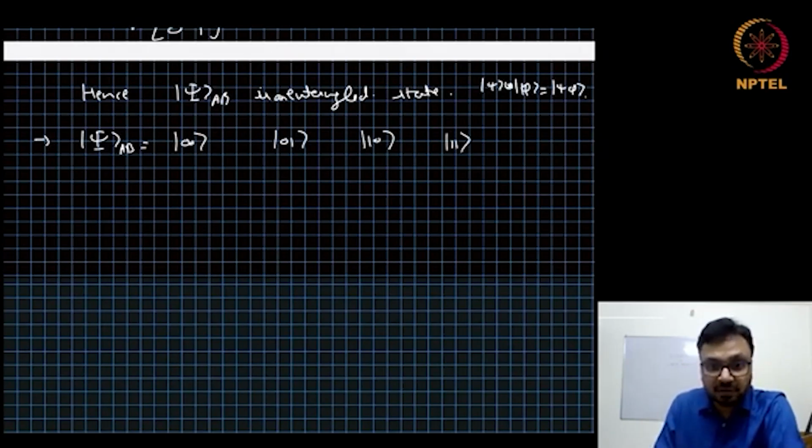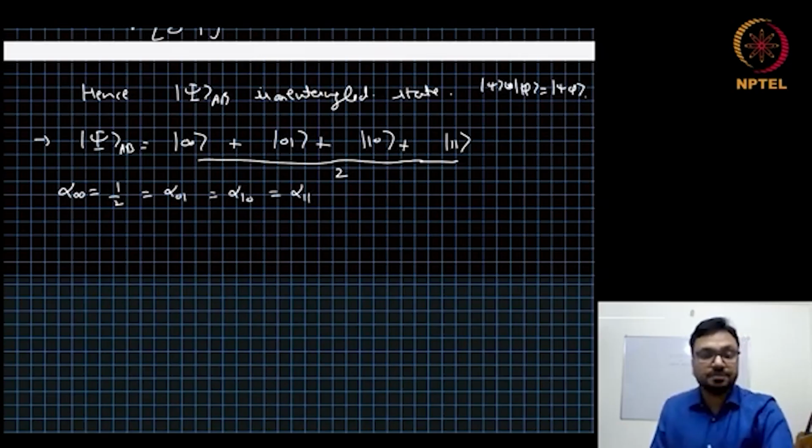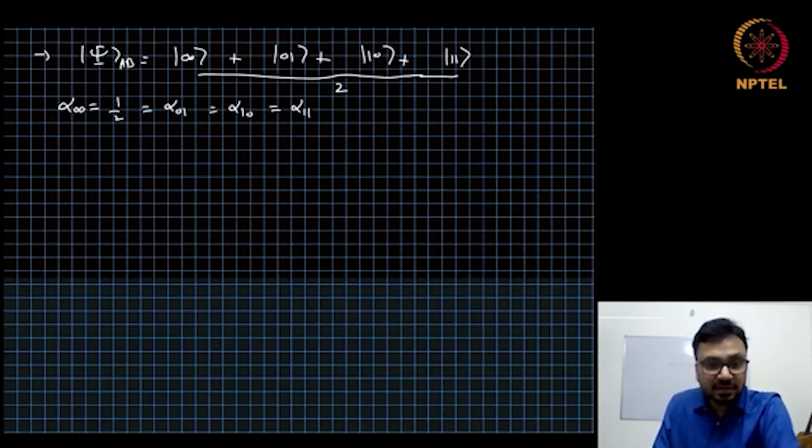So let us take the coefficient of this as plus, and 1 over 2 for the normalization. So in this case, we have alpha 0 0 to be 1 over 2, alpha 0 1, alpha 1 0, alpha 1 1. So here the matrix A is 1 over 2 times 1, 1, 1, 1.